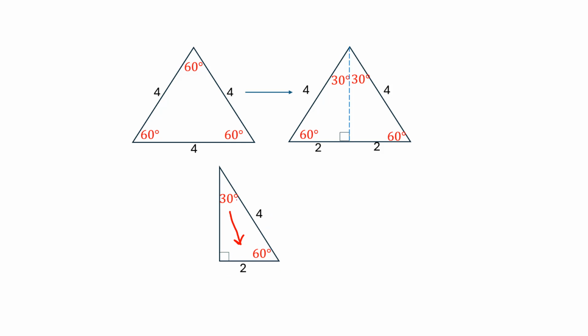So the 2 legs in a 30, 60, 90 triangle, the short leg is across from the 30-degree angle, and the long leg is across from the 60-degree angle. So because of the way we made this triangle, and this is true for every single 30, 60, 90 triangle in the world, the short leg will always be half the hypotenuse.